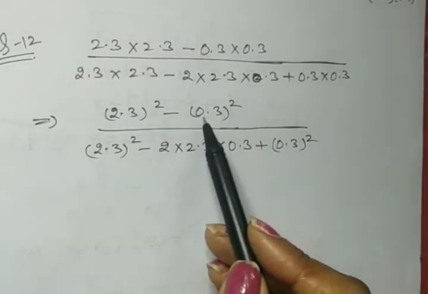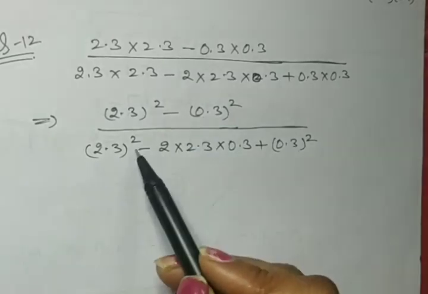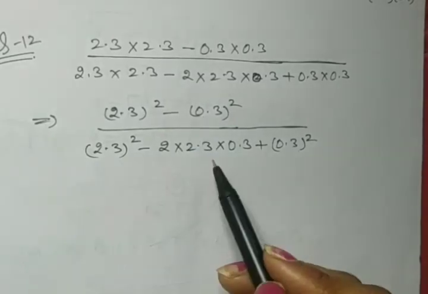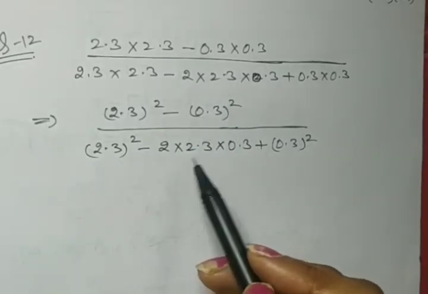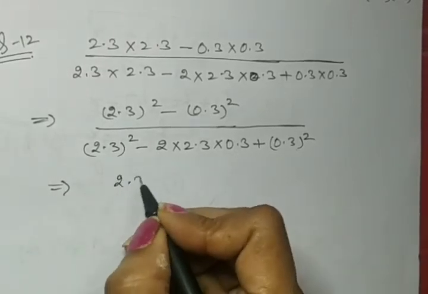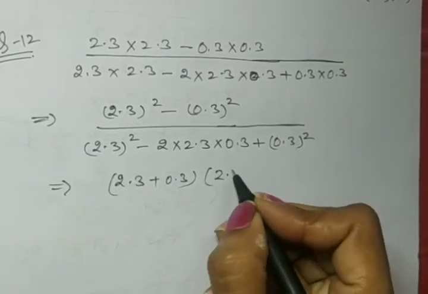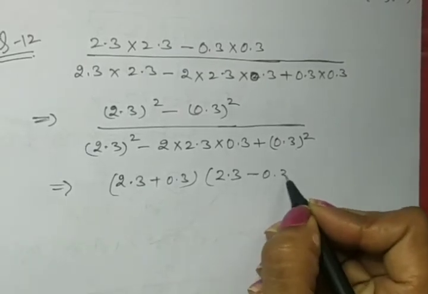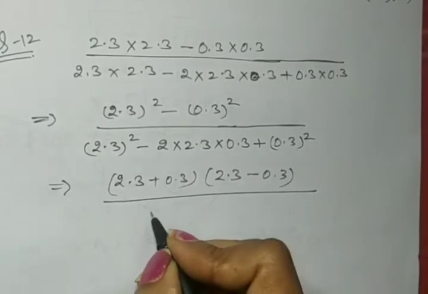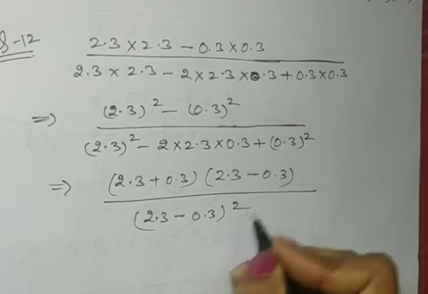Now we can use identity third for numerator, that is a square minus b square, and identity 2 for denominator, that is a minus b whole square. We can write it as 2.3 plus 0.3 multiplied by 2.3 minus 0.3 divided by 2.3 minus 0.3 whole square.